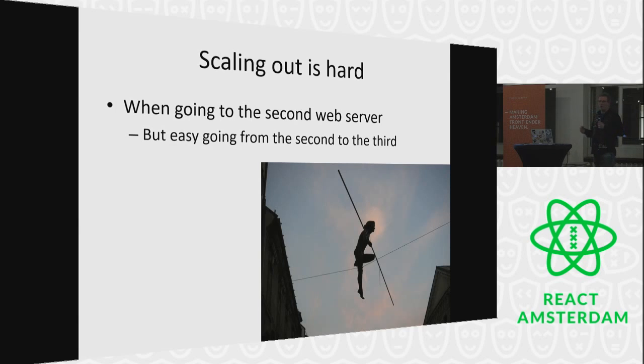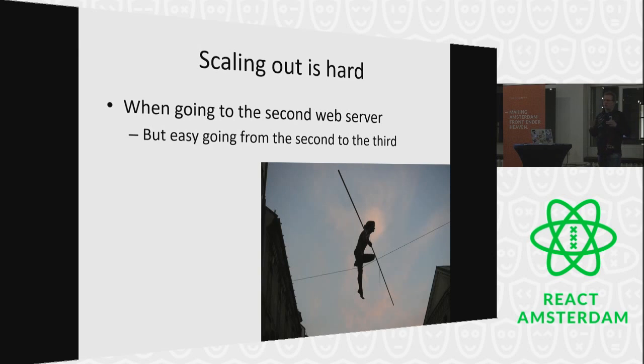So the first thing you want to make sure is that you always start with 2 machines, even when developing. Scaling out is hard, going from 1 machine to 2. And with machines here, I'm talking about web servers or database servers, machines of the same category.